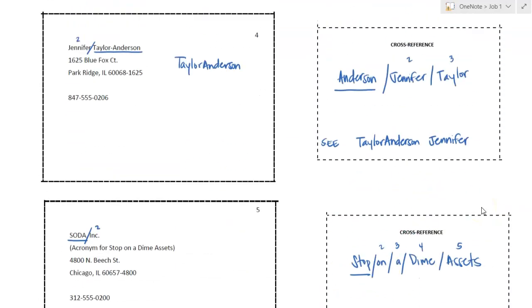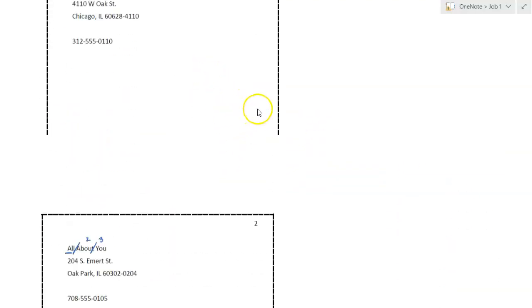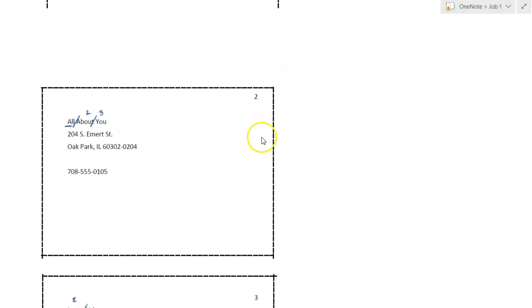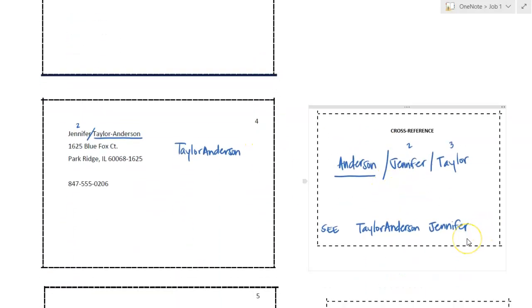Okay. One more thing to note, when you're creating your cross-references, notice that each one of these cards has a number. So Richard Anderson is card number 1, All About You is card number 2, Lansu Day is card number 3. When you have a cross-reference, you're also going to label these cards.